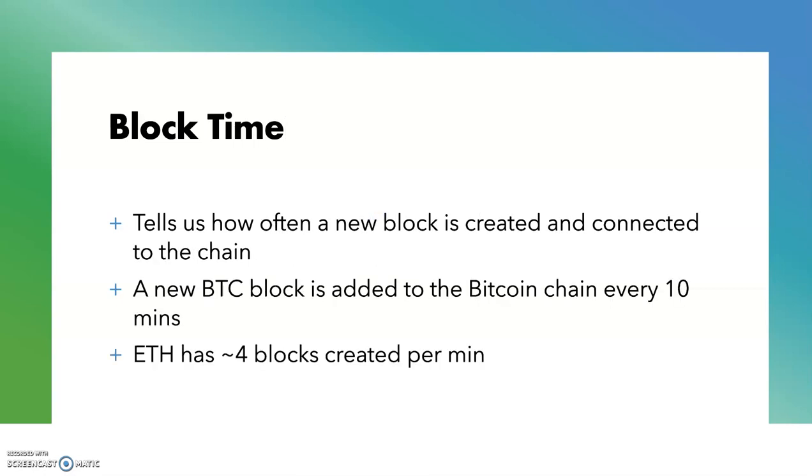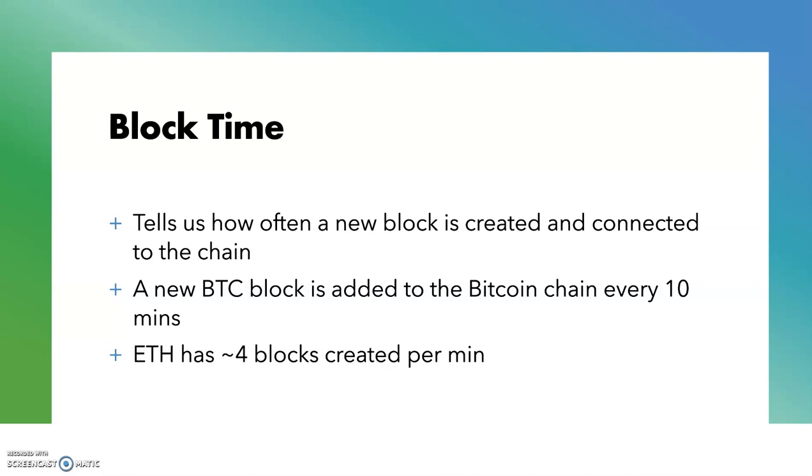A block time tells us how often a new block is created and added to a given chain. So this shows the level of difficulty and the time that it takes for the chain to be growing. Again, as I mentioned earlier, a Bitcoin block is added to the chain every 10 minutes because it is harder to get that block created and closed and store the info within it.